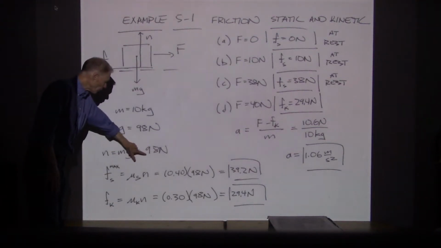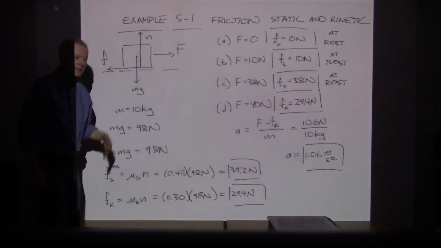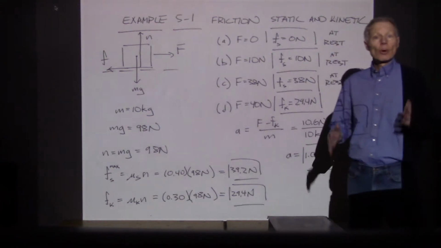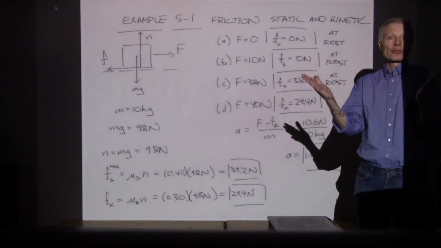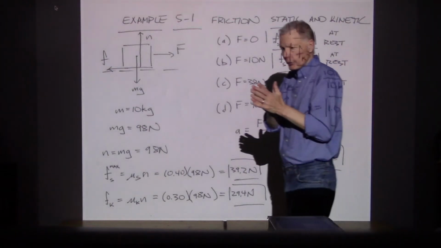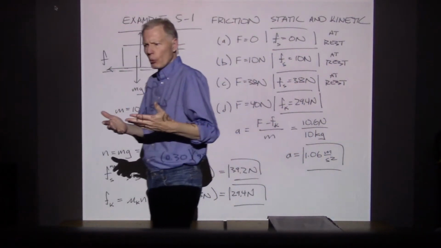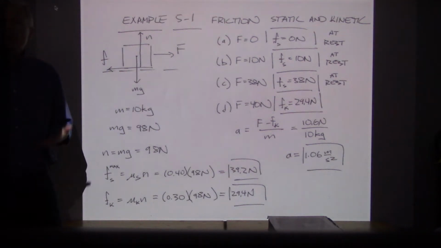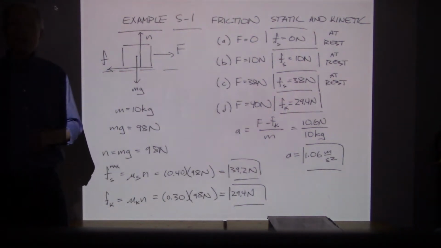And if that doubles, then what we find is that the maximum static friction force is also doubled. With the two surfaces being pushed together with twice as much force, or 5 or 10 times as much force, that means the frictional forces will go up by that same factor.